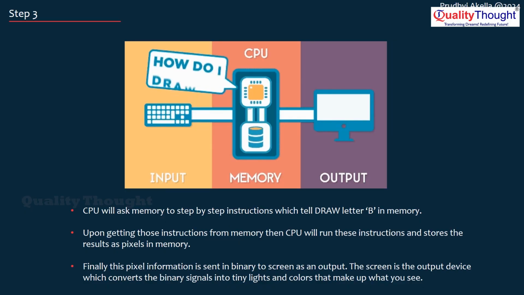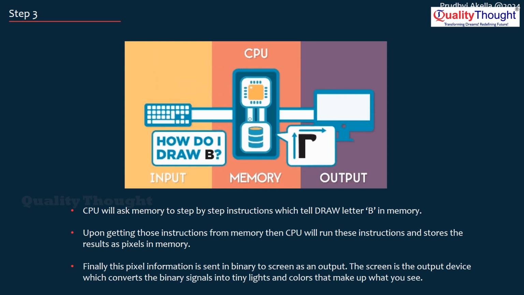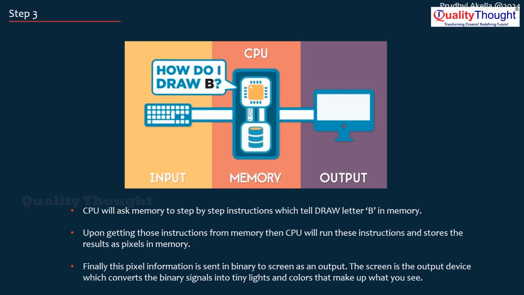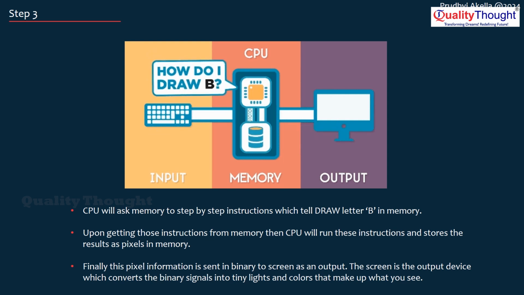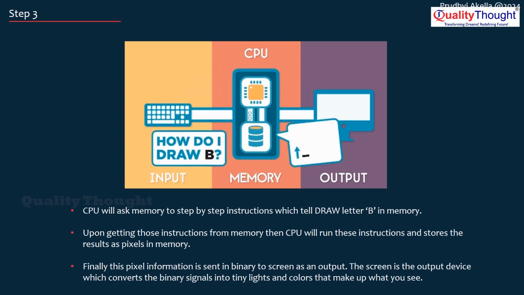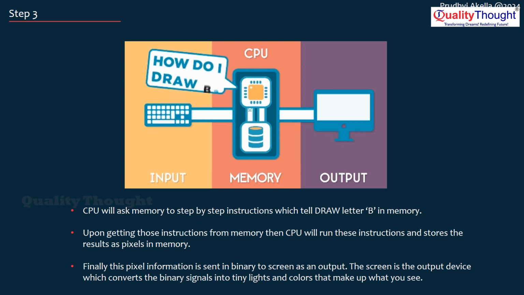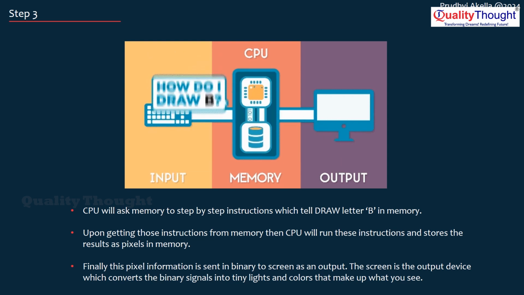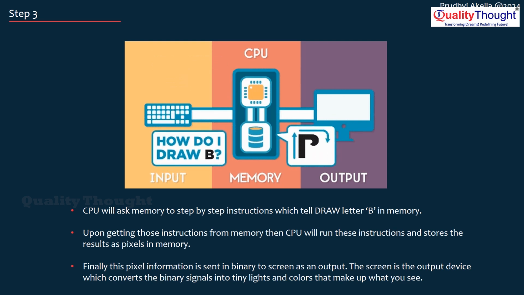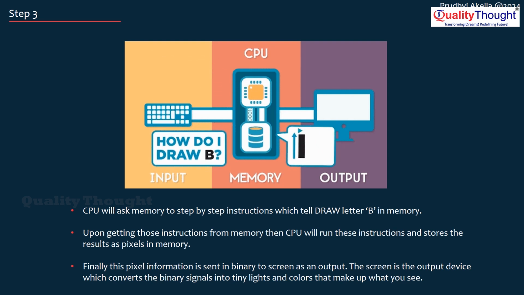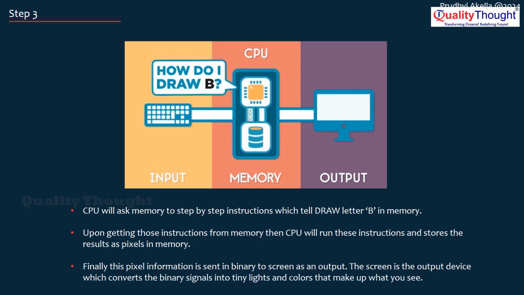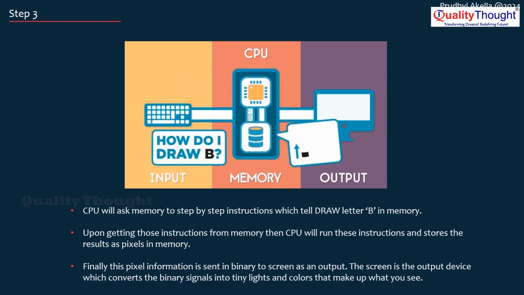To do that, the CPU will ask the memory, how can I draw the B? It is the responsibility of the memory to provide the set of instructions to the CPU, so that using those instructions, the CPU will draw the B inside the memory.